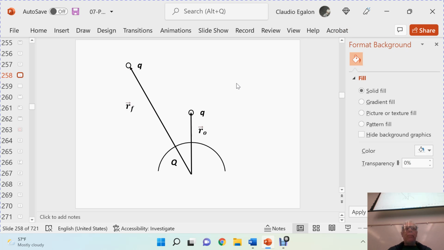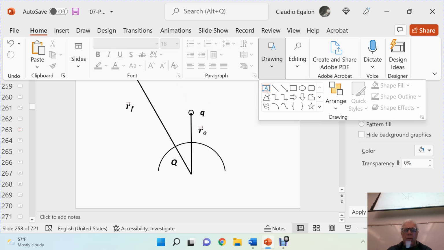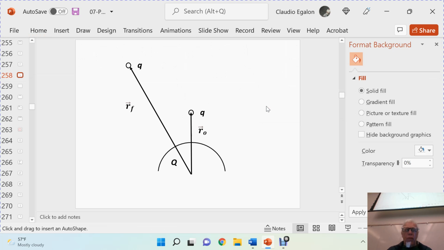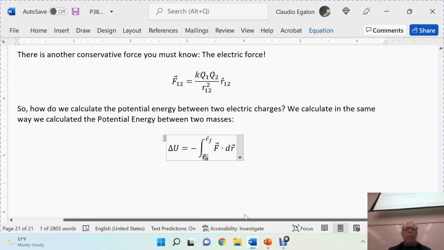It can be whatever path you want. That's the drawing that you have to keep in mind whenever you're going to solve this problem.